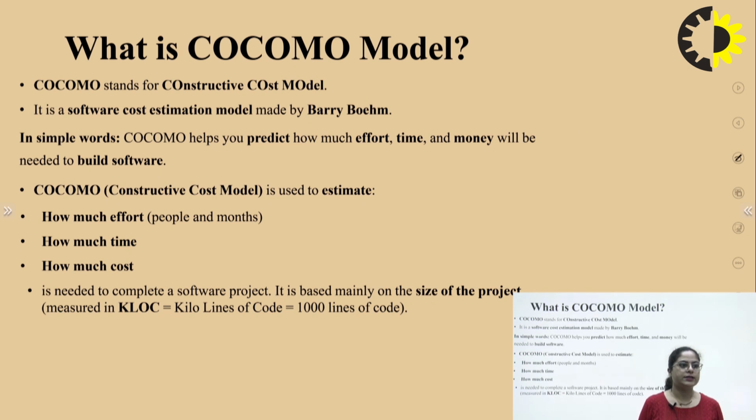After that, the next is the COCOMO model. COCOMO stands for constructive cost model. It is a software cost estimation model made by Barry Boehm. It is used to estimate how much effort, how much time and how much cost will be required to complete the software project.